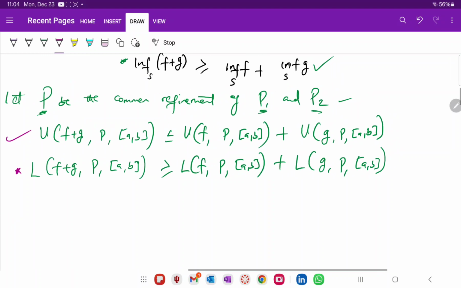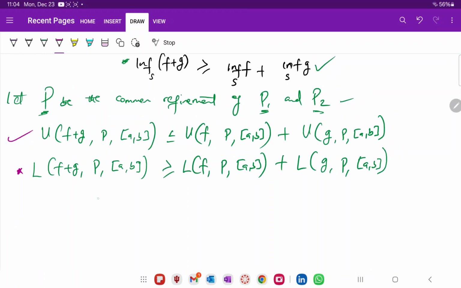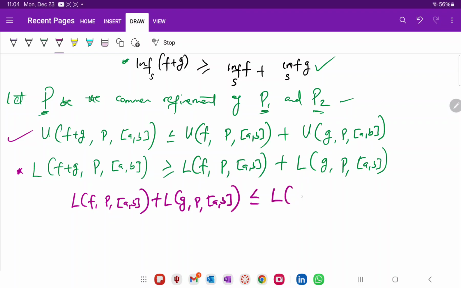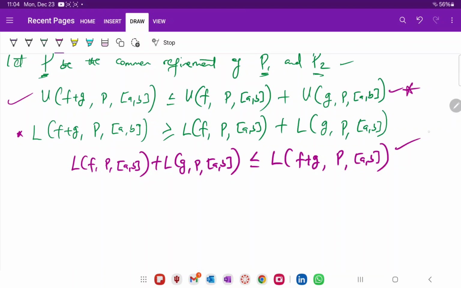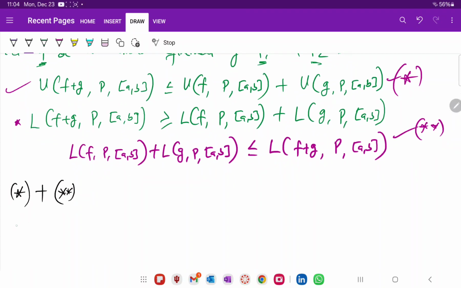Then the lower Riemann sum of f on P, a, b plus the lower Riemann sum of g on P, a, b is less than or equal to the lower Riemann sum of f plus g on a, b. Let's add star plus double star, so we have a nice property. Let's see what we have.